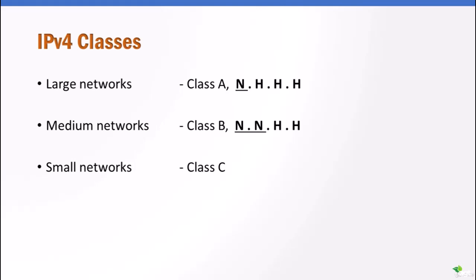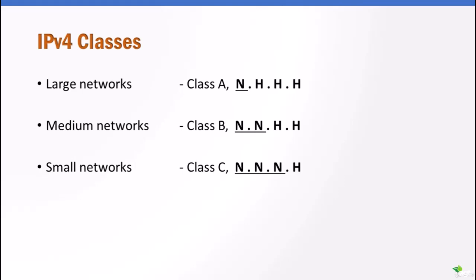very small networks. A Class C network is kind of opposite from the Class A network because Class C networks have its first 3 octets representing the network portion and only 1 octet representing the host portion.